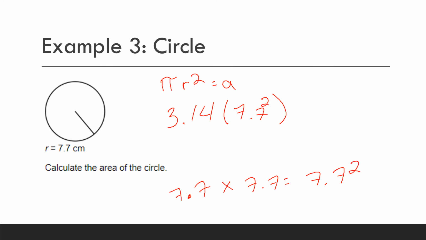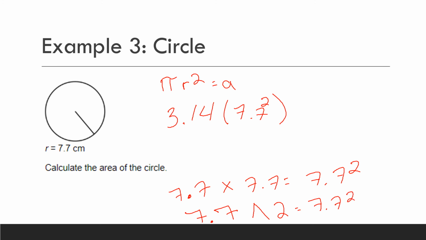Or, depending on a different kind of calculator, you might have that caret. You might have heard that term in class or online. So 7.7 and then caret 2, that is the same thing as 7.7 squared.